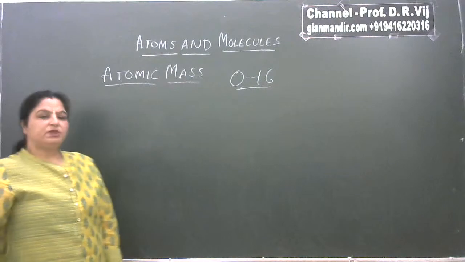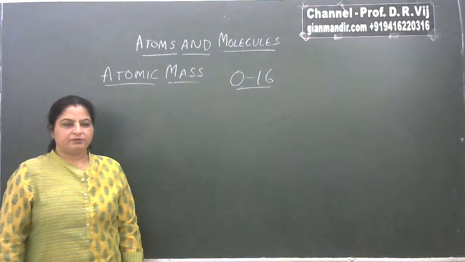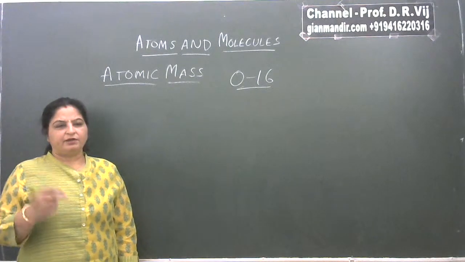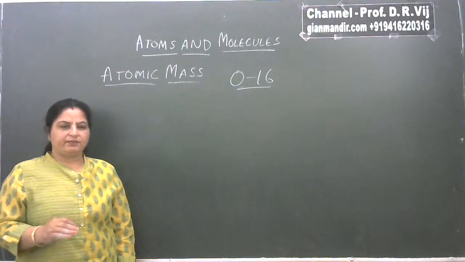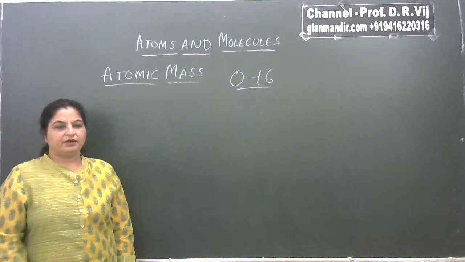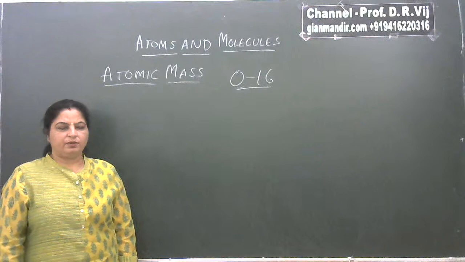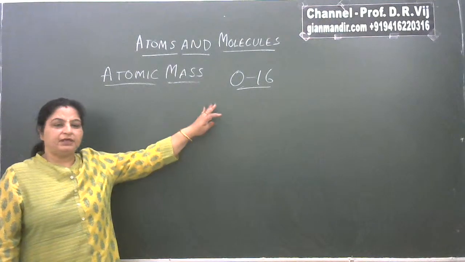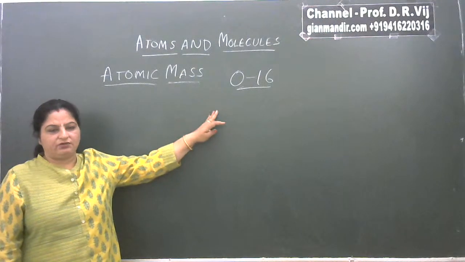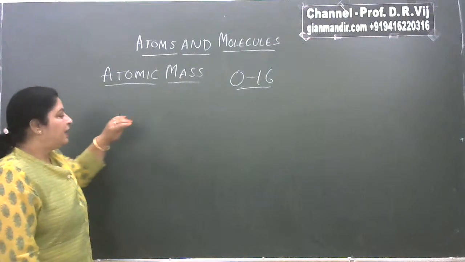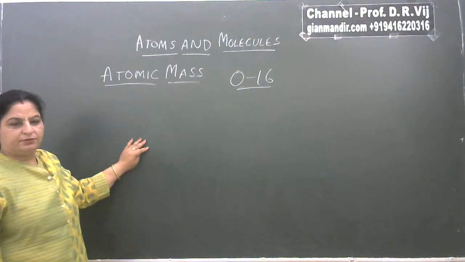So in order to measure the mass of anything, two things are required. First of all, there should be a standard reference, which in the case of atoms we took as the oxygen-16 atom, and the other thing is the unit.